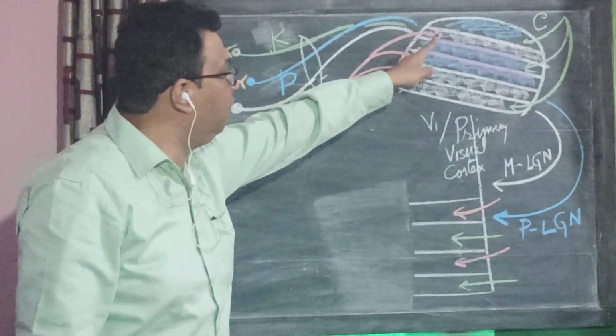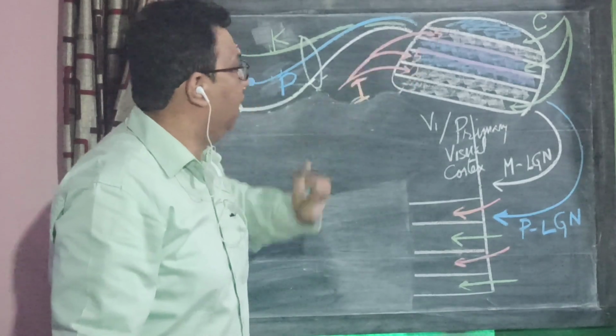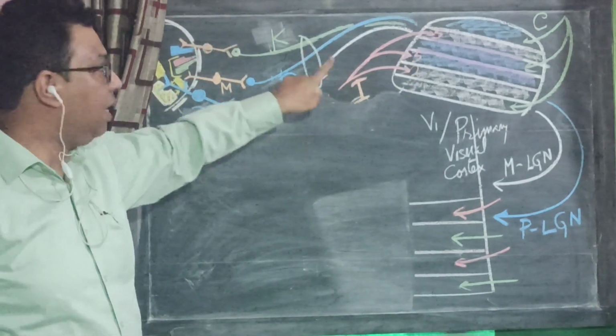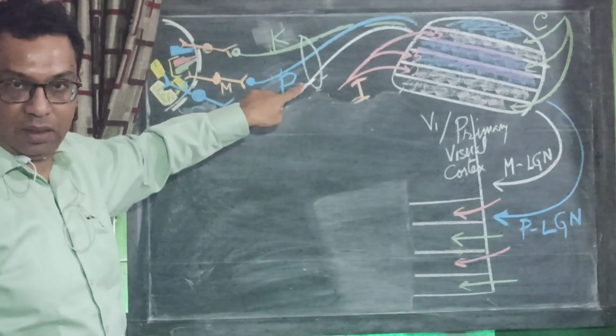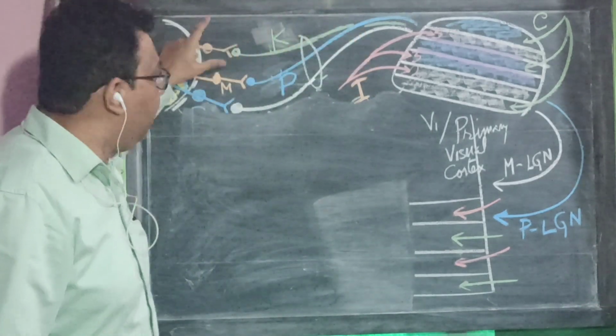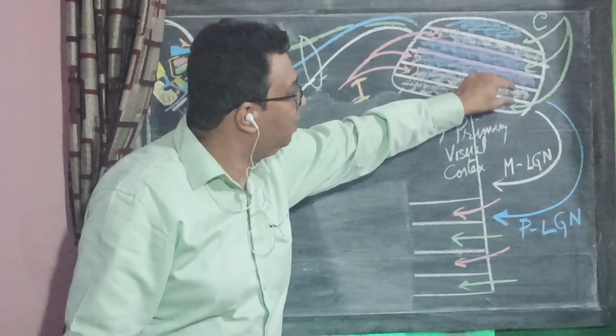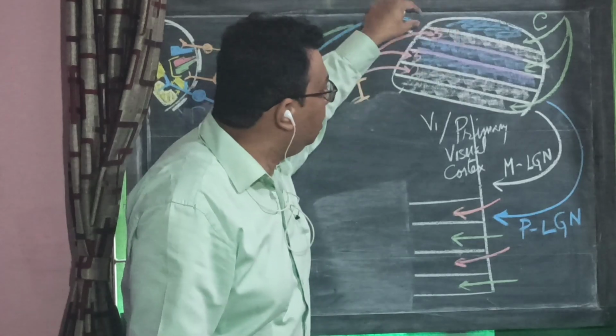So ipsilateral will be signaling to the second layer, third layer and fifth layer. These ipsilateral fibers have all the 3 components. Please remember, they are signaling to specific layers or strata of the lateral geniculate body.